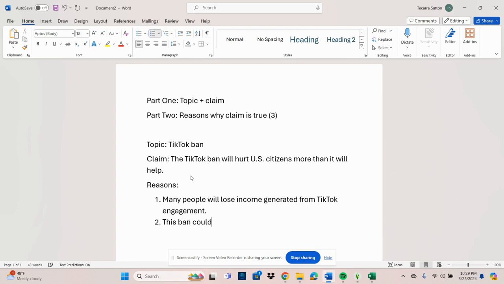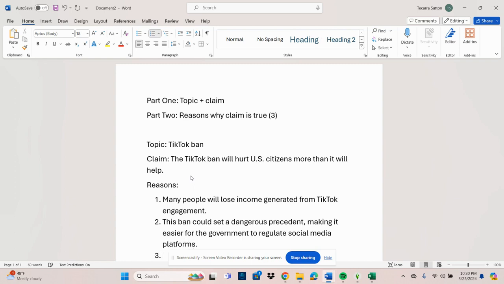This ban could set a dangerous precedent, making it easier for the government to regulate social media platforms. Now I'm proud of myself for that one because that was a good one, okay?